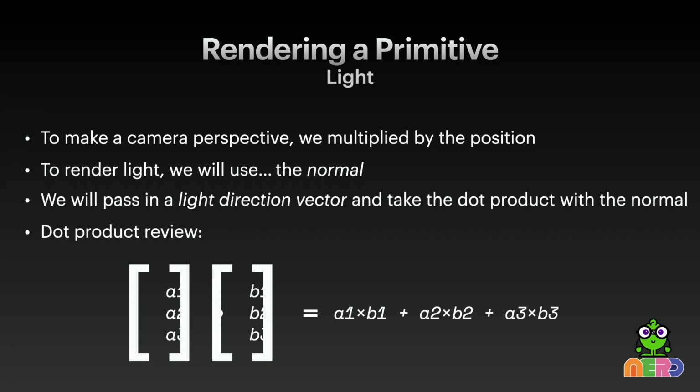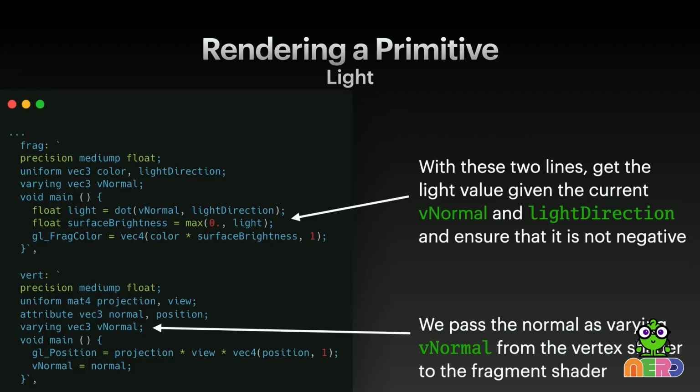So basically, we're taking a dot product now. Now it's not a matrix, it's 2 vectors. And we simply need to add another 2 lines of code. There it is. Take the dot product of the normal and the light direction, which is literally 3 numbers that say which way the light is pointing.